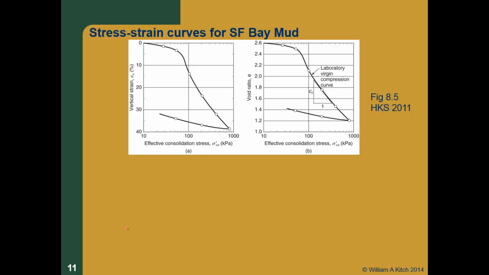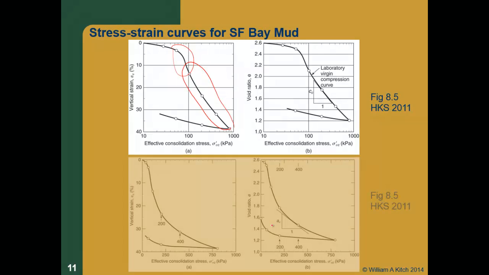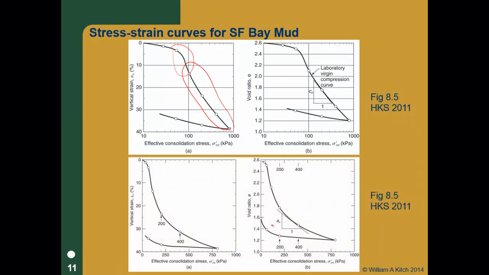And does that look like a curve that you can make easily bilinear? Well, yeah, fairly. This is definitely concave down, and something funny is happening between here. But you could make that bilinear, right? Here's the same data plotted in linear space. So even Holtz, Kovacs and Sheahan have done this.